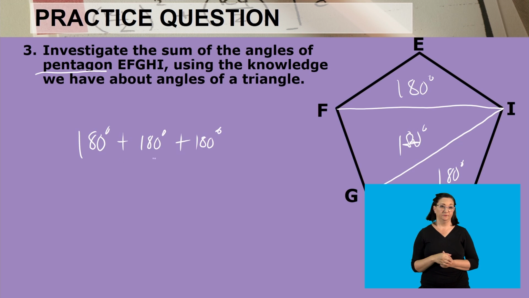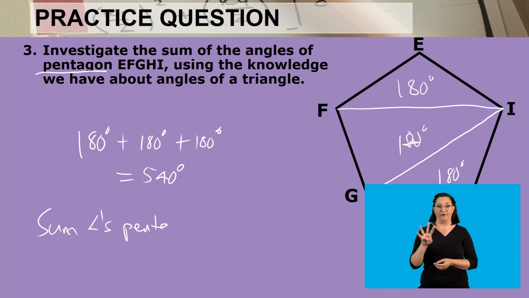And what do we get? 180 plus 180 plus 180 gives us 540 degrees. Therefore, what is our conclusion? That the sum of the angles of a pentagon equals 540 degrees, using the knowledge we have about triangles.